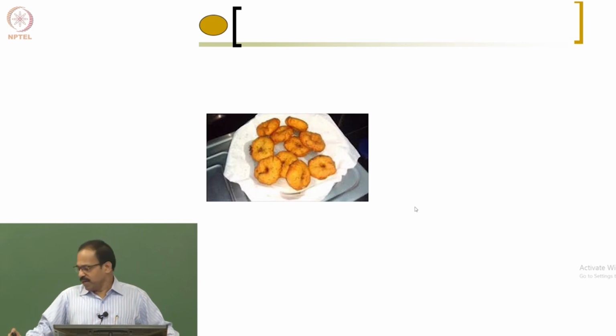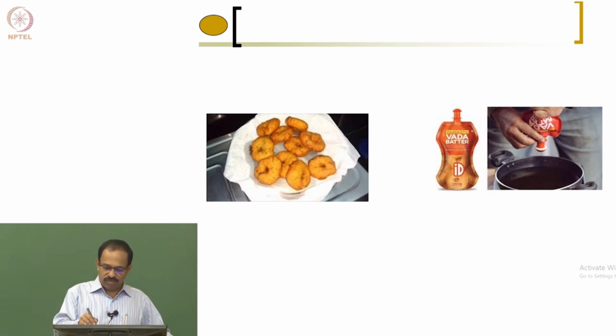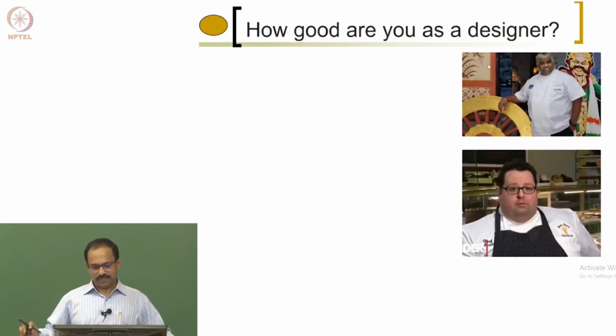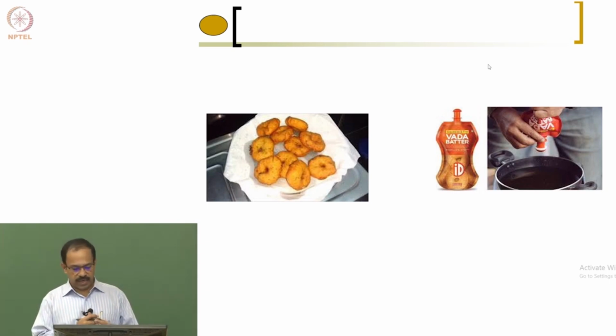And that is when a company in Bangalore, you might have heard about ID, right? This company, ID, makes a lot of products for dosa, idli and all. You can go and get ready-made ingredients and make it. So this company came up with a product, as you can see there on the right side.